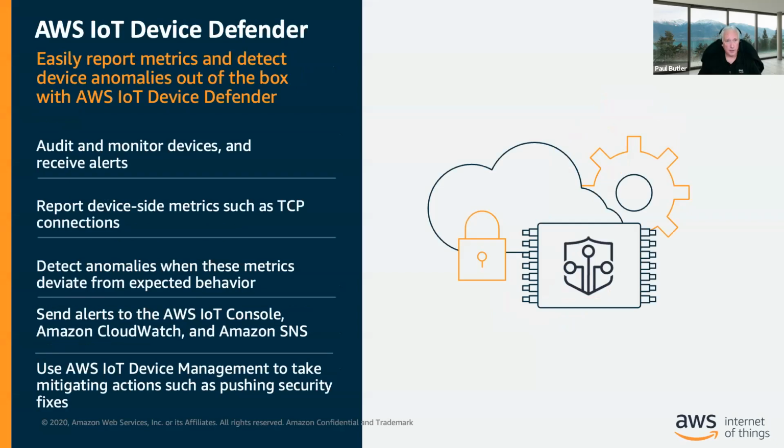And Device Defender is another service that AWS provides. It allows you to profile a device and say, here's what normal behavior of my device looks like. And if things start acting strange, if you're detecting anomalies, if suddenly your internet traffic has spiked up and you don't know why, that could be a potential compromise of your device.